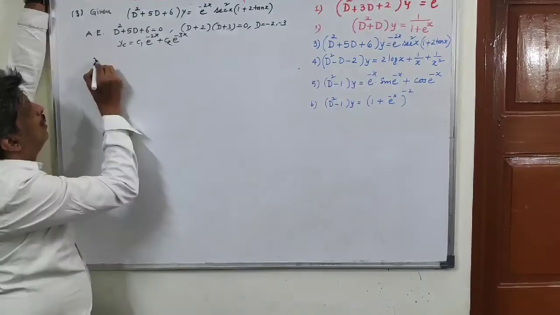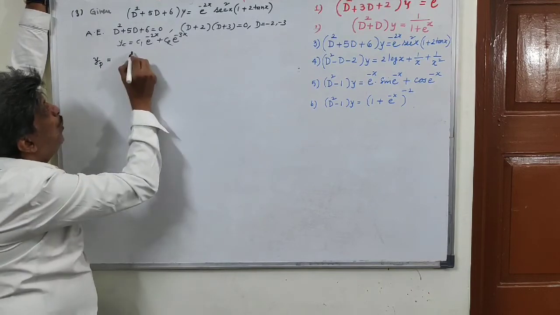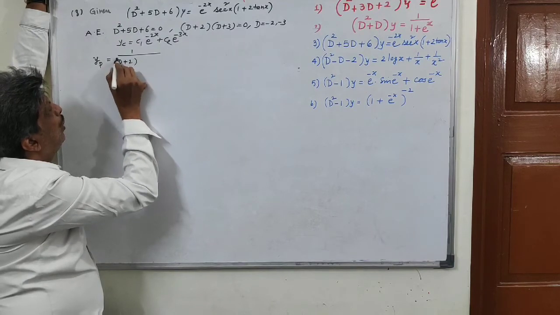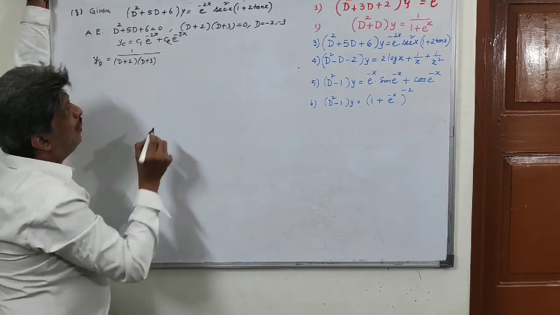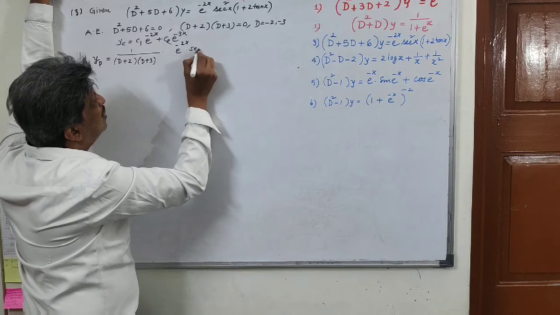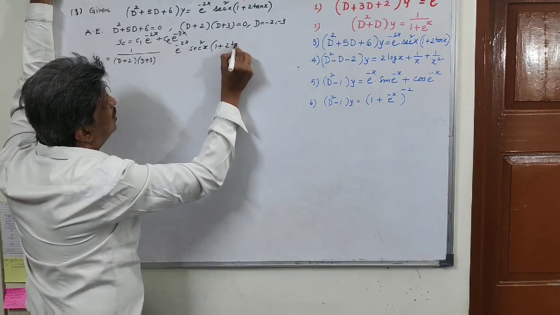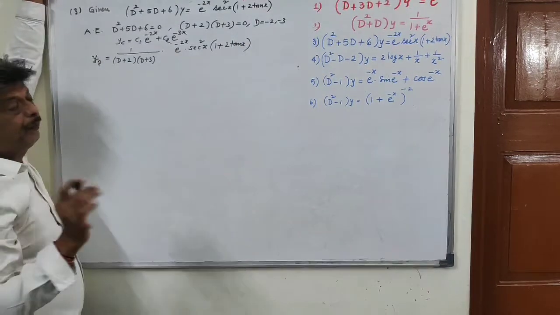Now particular integral, that is equal to 1 upon d plus 2 into d plus 3 into e raised to power minus 2x into sec square x into 1 plus 2 tan x. Now note this step.